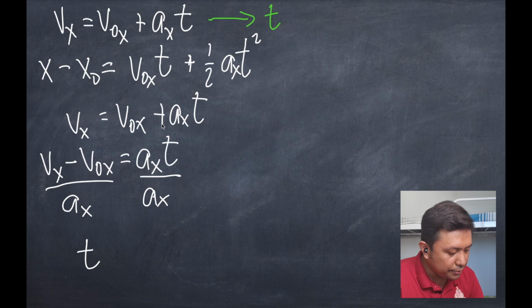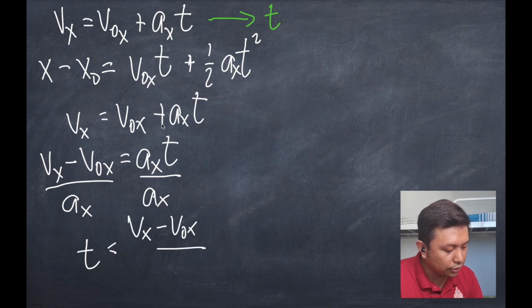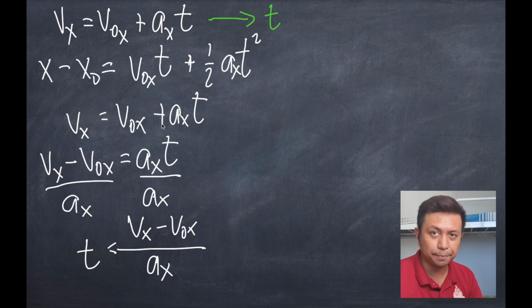Now we have time is equal to vx minus v naught of x all over a sub x. Next, we will substitute this equation into this equation.